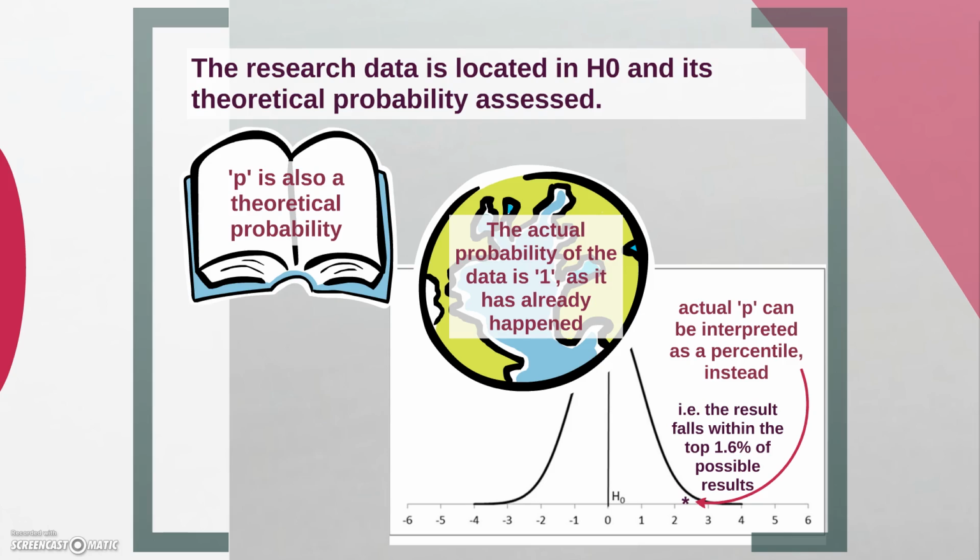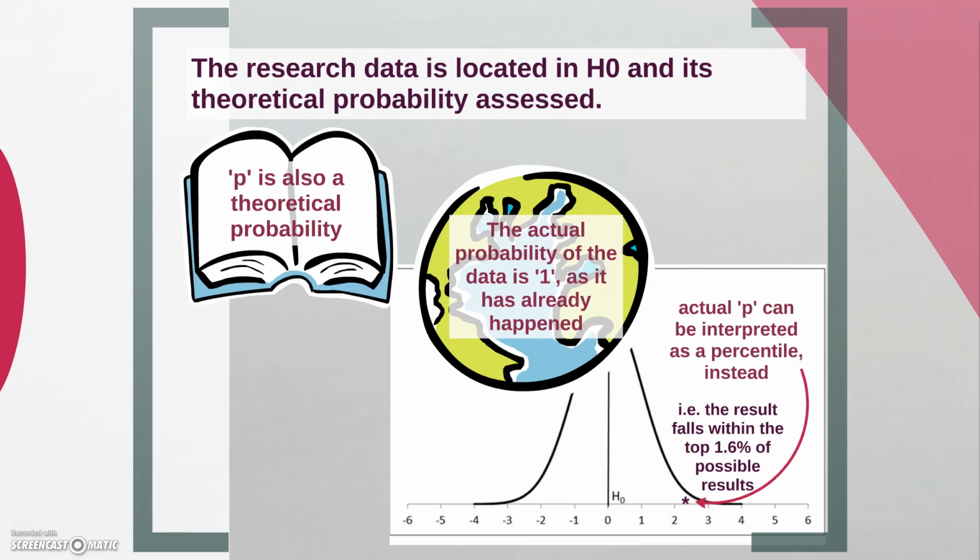So the p-value that you get is actually a theoretical probability that any t-value in that distribution will have of happening. Your actual p-value is then better interpreted as a percentile.